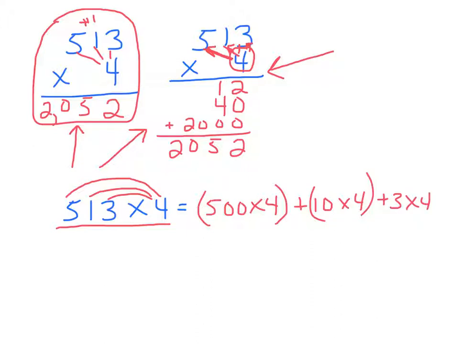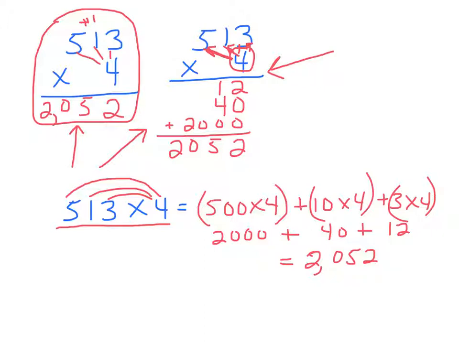And then once again, I could figure out 500 times 4 is 2000, 10 times 4 is 40, 3 times 4 is 12, and I could add all those numbers up, and once again I would get that answer of 2052.